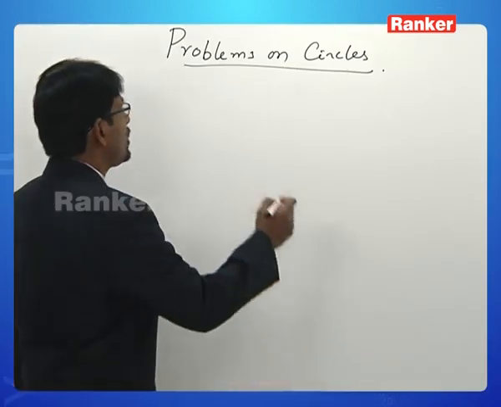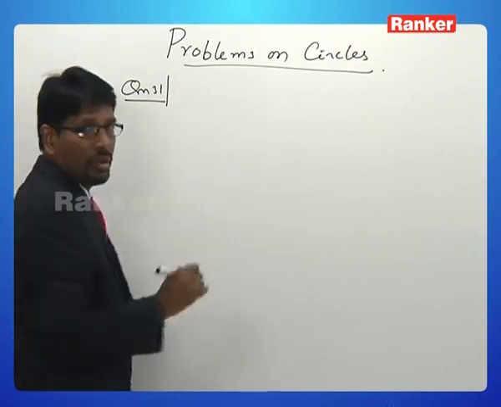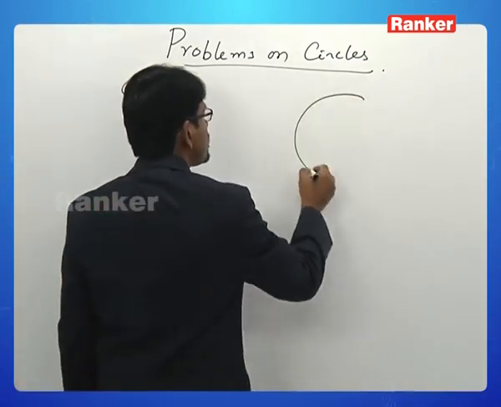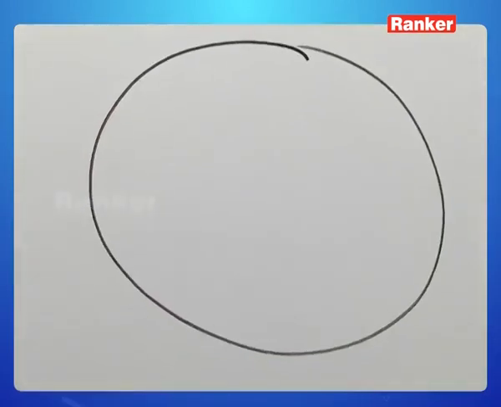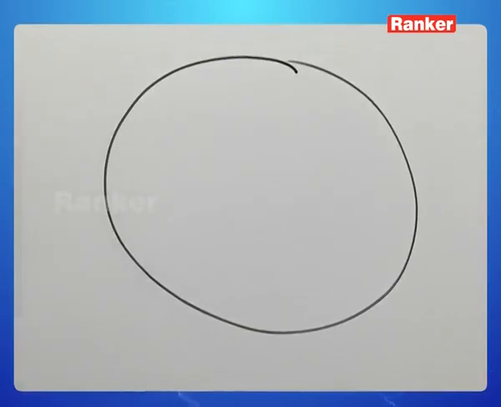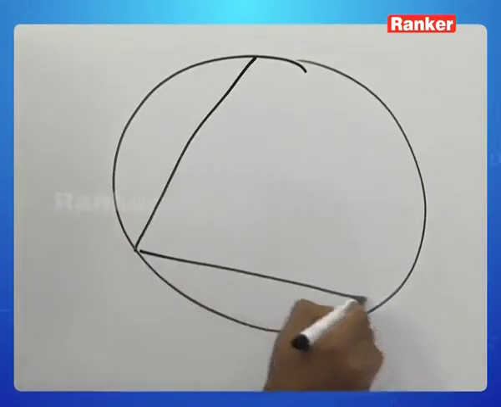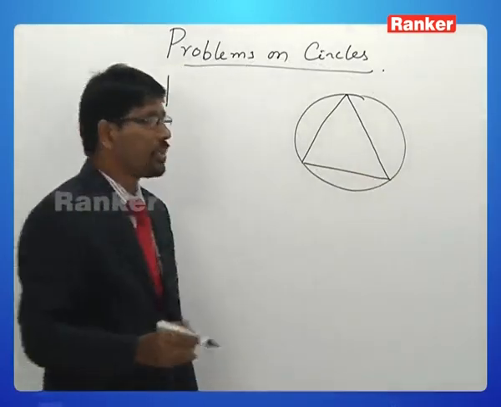We are given that the circle has the center as origin and it is passing through the vertices of an equilateral triangle. So we have an equilateral triangle inscribed in the circle.